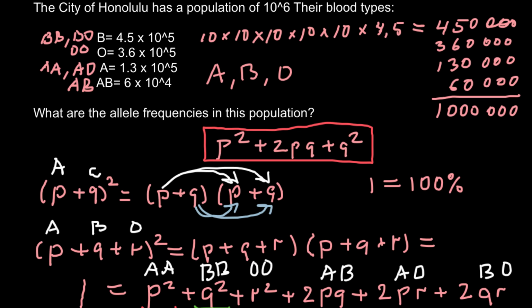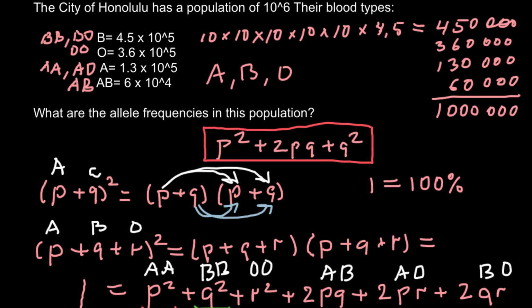In order to solve this problem, we have to find the frequency of the phenotype blood group O that is made by genotype OO, and we have to divide 360,000 by 1 million in order to find the frequency of this phenotype, and this phenotype equals the genotype. That's why we are using this blood group in order to start solving our problem.